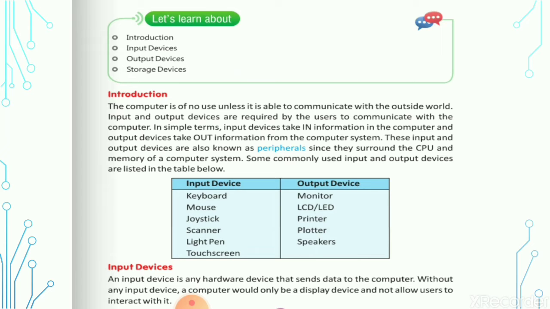The input devices are keyboard, mouse, joystick, scanner, light pen, touchscreen, etc. And the output devices are those that take out the information, that give us or show us the information. They are monitor, LCD or LED, printer, plotter, speakers, etc.